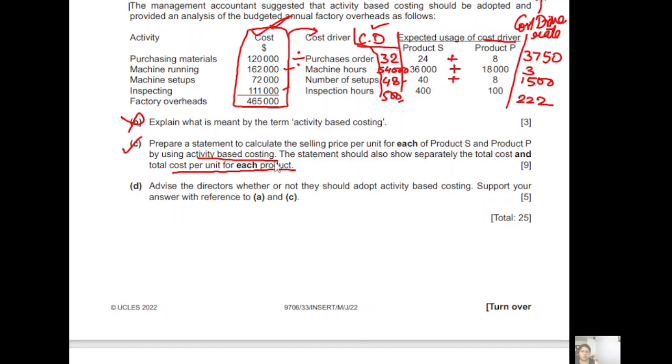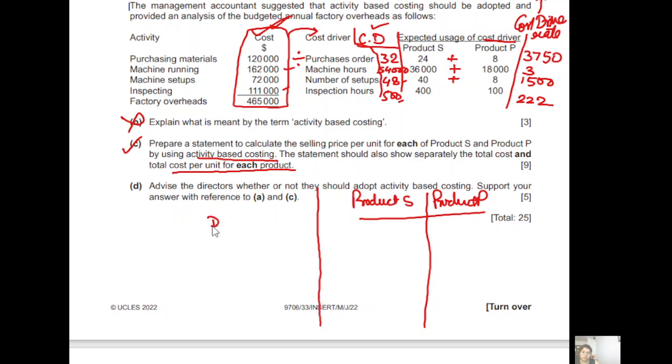So how are we going to use that? First of all, for product S, and here product P.